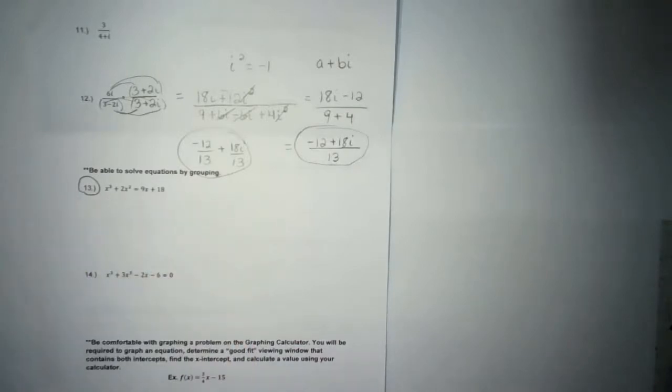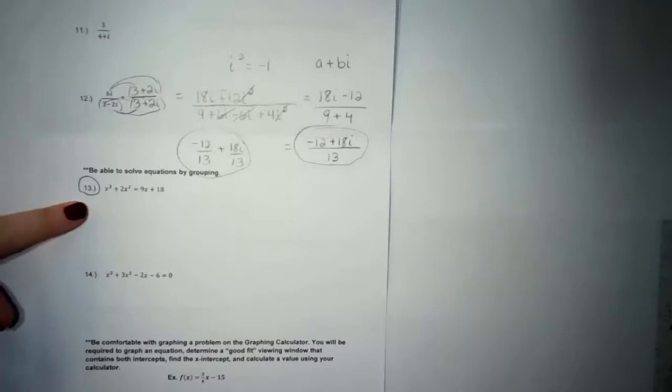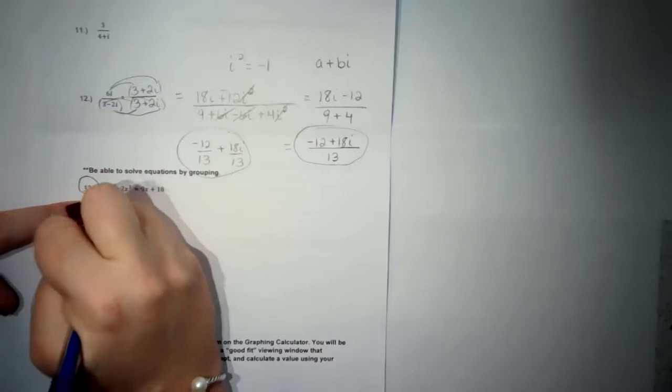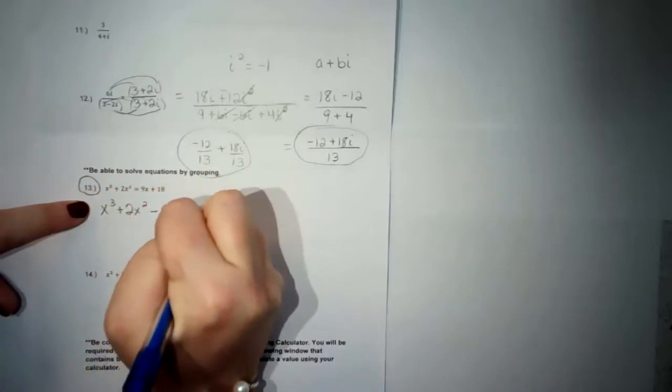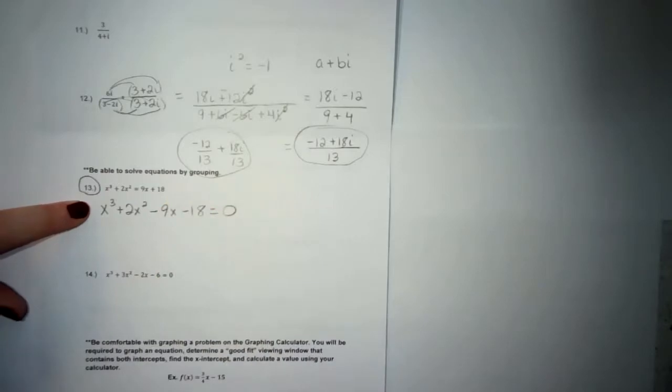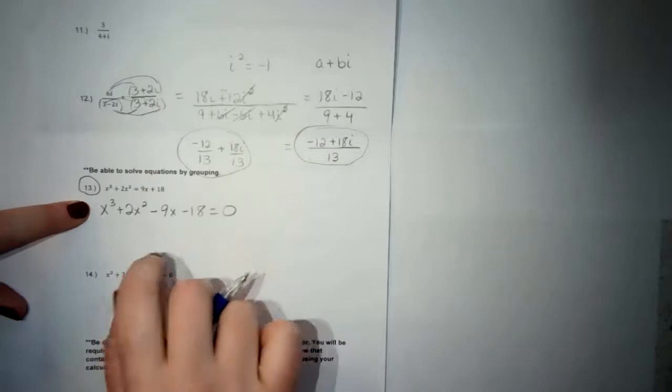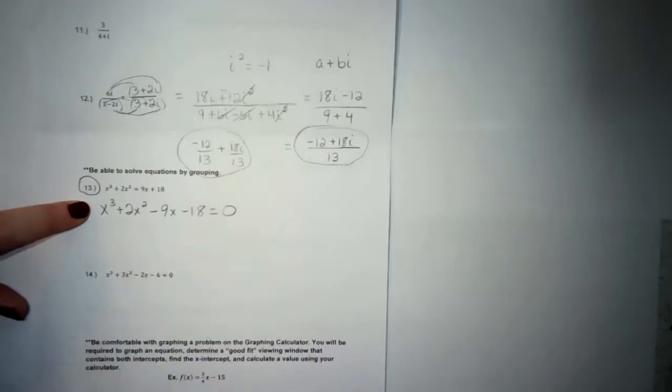Students think they can just jump right in and start pulling out GCFs and go to town. Can I do that? No, you have got to move everybody over. That's why yours is going to look like that, because I want you to take the extra step and scoot everybody over. Other than that, you can practice both of these if you want to.